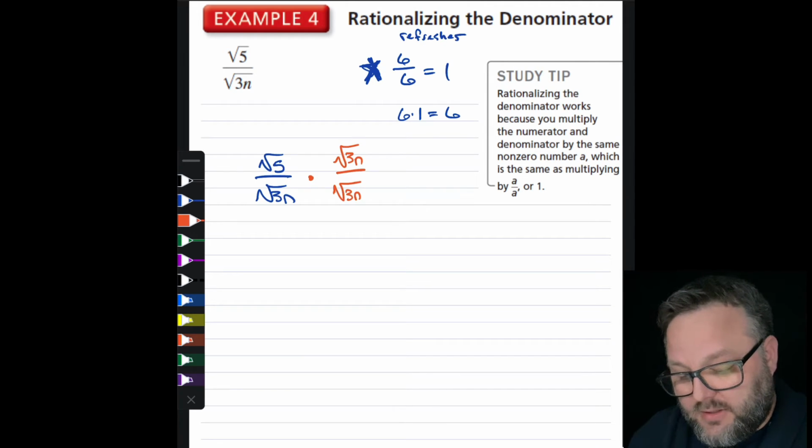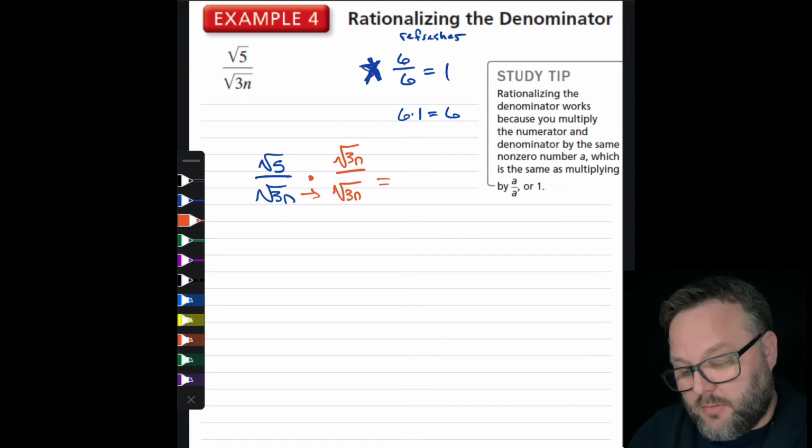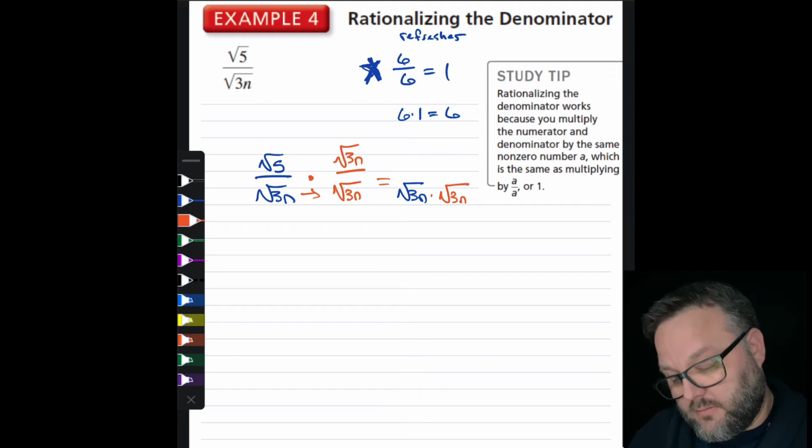But when I do this, to multiply fractions, I just multiply straight across. I'm going to get the square root of 3n times the square root of 3n, and that's going to be under the square root of 5 times the square root of 3n.